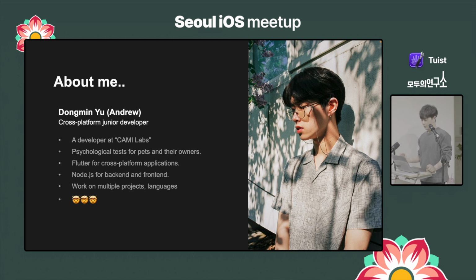I'm a developer at Comilabs, where we are passionate about creating innovative psychological tests like MBTI for pets or their owners. My work spans Flutter for cross-platform applications and Node.js for server and front-end development.